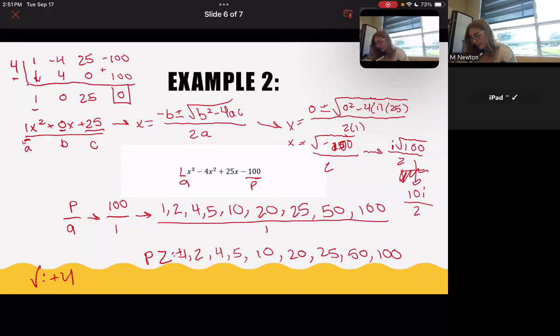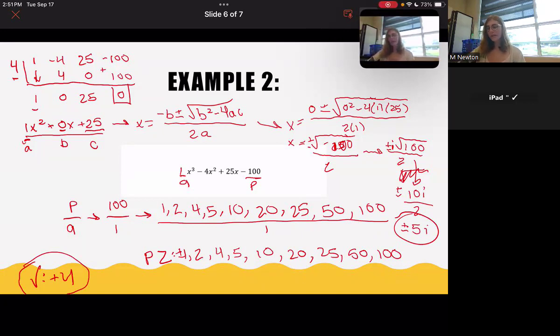Okay. Again, I forgot, but you're going to put plus or minus in front because it could be either. So plus or minus 10i over 2. This simplifies to plus or minus 5i. And that's as far as we can go. That's completely simplified. So then if we take into account our positive 4 from the start and our two numbers, positive and negative 5i, that gives us 3 zeros.